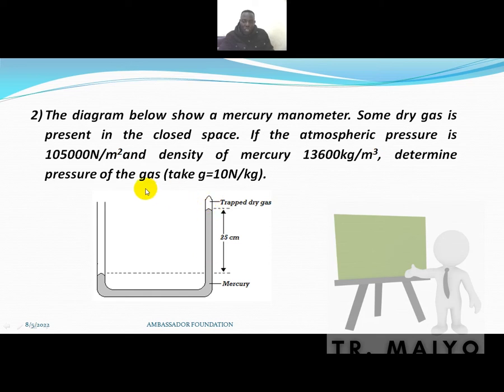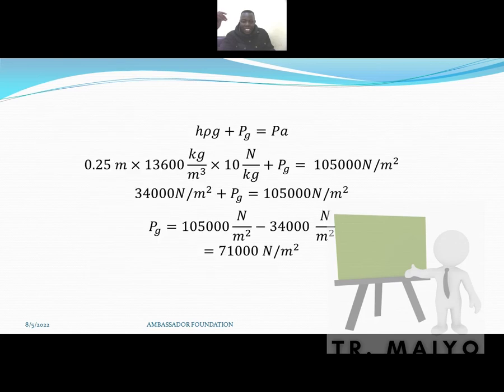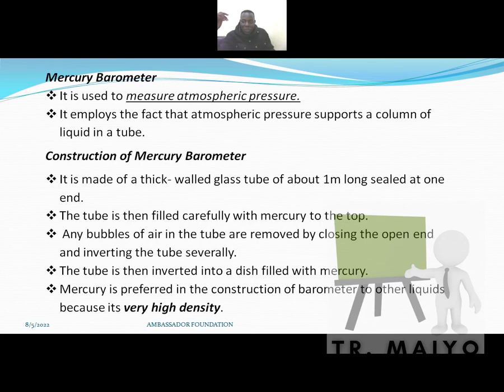So 105,000 should be equal to, what is the density of mercury? 13,600 times 0.25, the height in meters, times 10 plus the pressure of the gas. So it is simply 105,000 minus, in brackets, 13,600 times 10 times 0.25. You get it. That one is so simple.